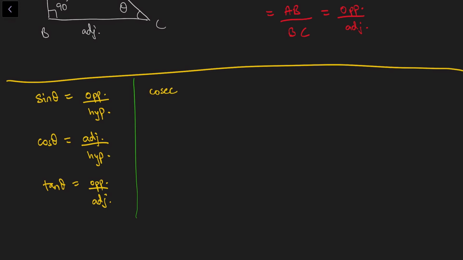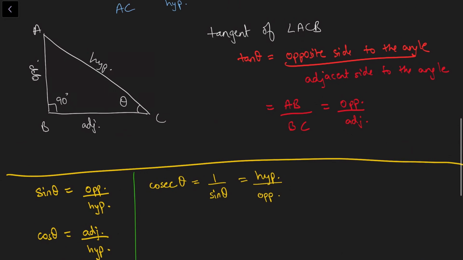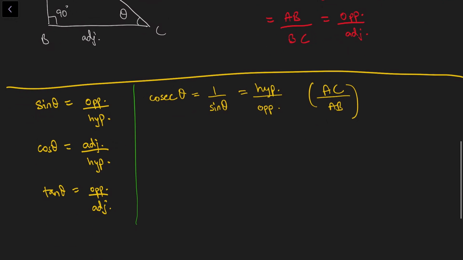So in short it's written as cosec theta, which is equal to 1 by sine theta, which is equal to the hypotenuse by opposite, since it's the reciprocal. And if you want to remember it by the triangle, then this is basically AC divided by AB. And that's only for help if you need it. So cosec theta is the reciprocal of sine theta.